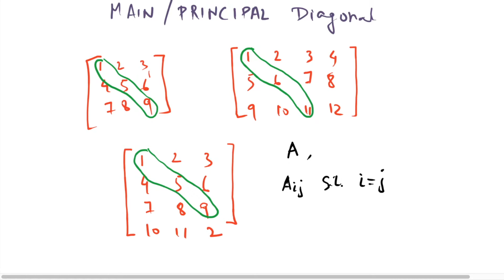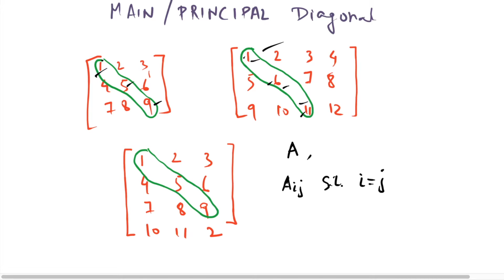So let's consider the first example here. The 1 is in the first row and the first column. 5 is in the second row and the second column. 9 is in the third row and the third column. So 1, 5, 9 is the principal diagonal. In the second case, 1 is in the first row and first column, 6 is in the second row and second column, and 11 is in the third row and third column. So 1, 6, 11 constitute the main or principal diagonal.